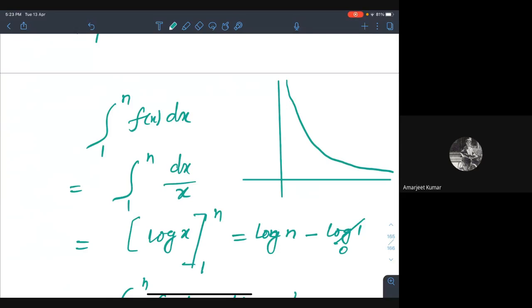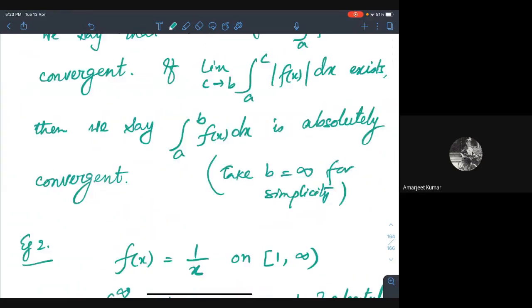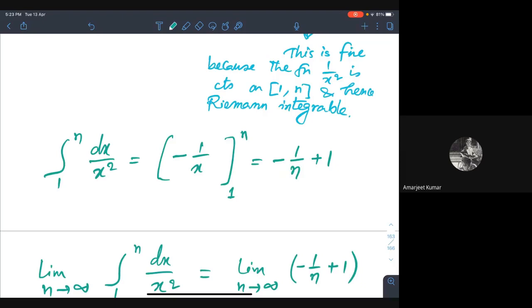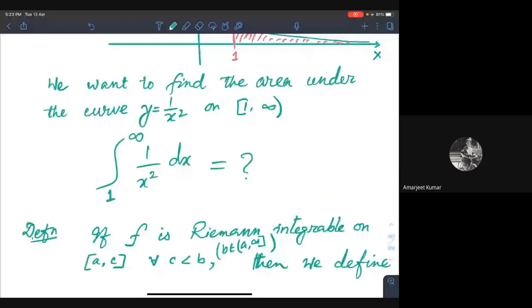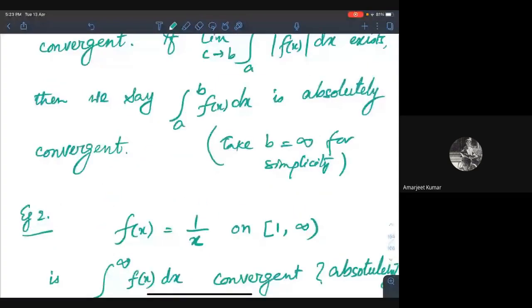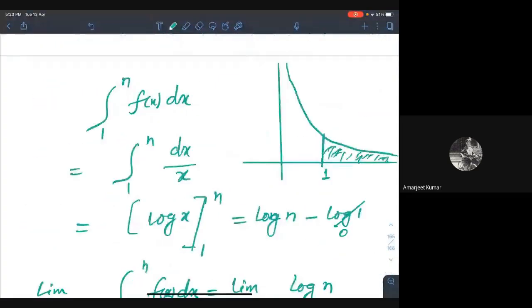But compare with the graph in the beginning: here it converges and the area is small, and in this case the area under the curve is infinite, right?